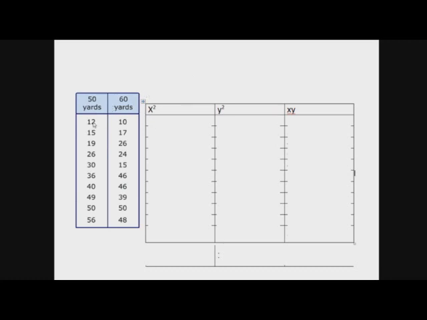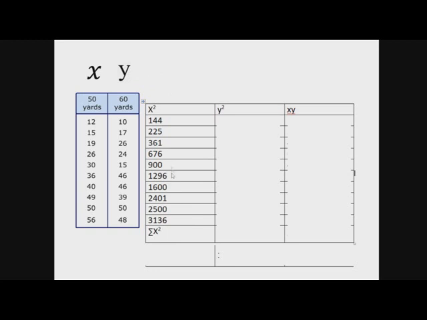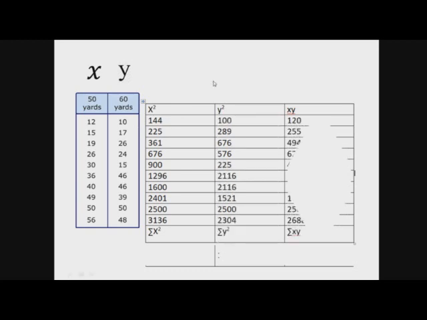So for X squared, I'll be multiplying 12 by itself, 15 by itself, and so on for X, and same for Y. But for XY, I'll be multiplying 12 by 10, and so on, 15 times 17. And here are all the values. Like I said, I've squared X, and same for Y, same for XY.